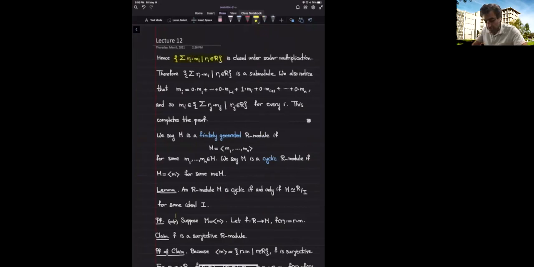It is a submodule that is contained in all the submodules that contain m sub i's. So, too many inclusions. The last thing that I need to argue is why this submodule contains m sub i's themselves. So this means I need to write down m sub i's as an R linear combination.